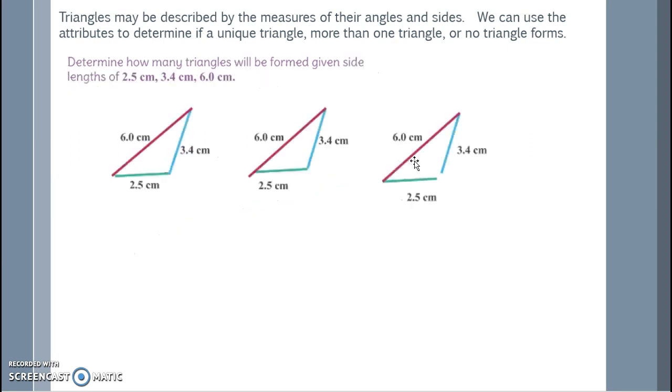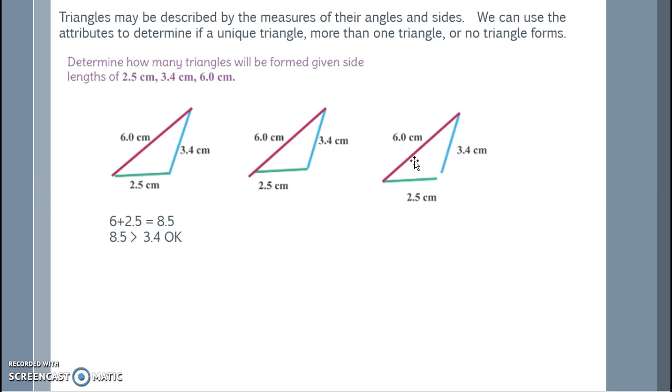Determine how many triangles will be formed given the side lengths 2.5 centimeters, 3.4 centimeters, and 6.0 centimeters. So I have the different triangles laid out here. And just hold on real quick here. I'm going to show you some things, and then we're going to talk about it.